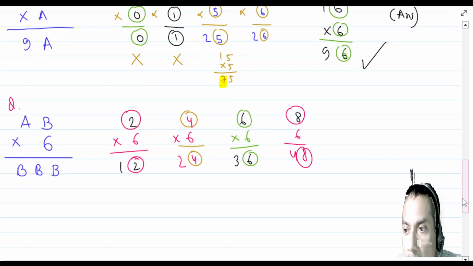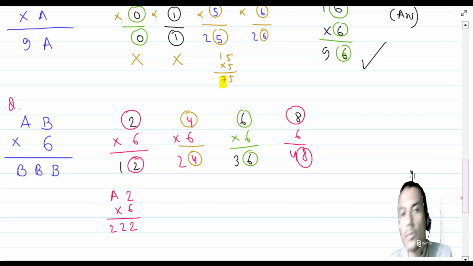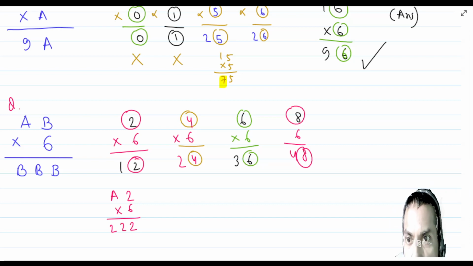For example, if I consider first, that is 2, then what will happen? So we get the value A, here 2, here 6, here all consider B, means 2. So now check whether it is possible or not. For this last 22, how we get this value?